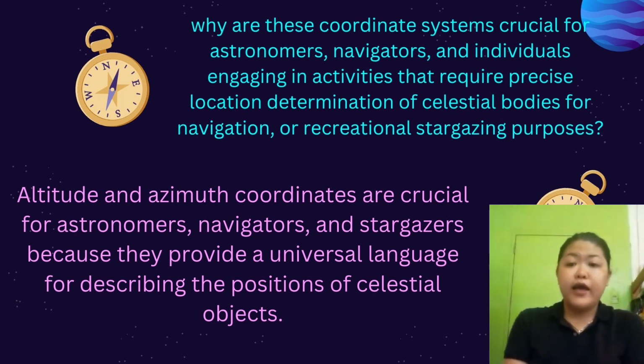So isa pa is, in essence, the altitude and azimuth provide a framework for understanding the position of celestial objects relative to the observer, allowing for a calculation of the observer's location on Earth.